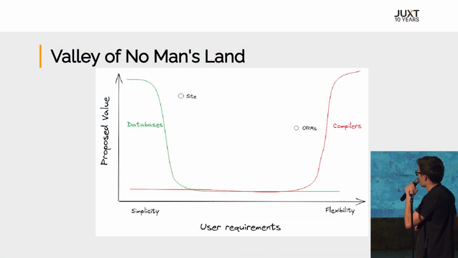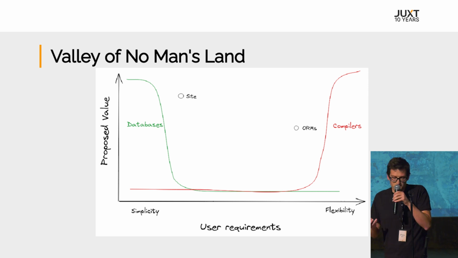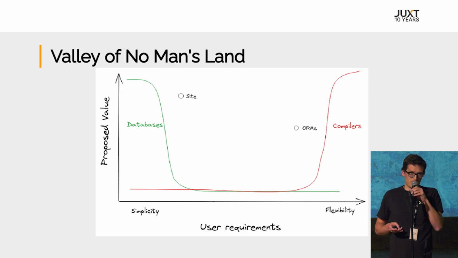You do some very complicated relationship question about your objects, and then these things often fall apart. So this is where I would put ORMs on the slide, because they sit more on the compiler side. But I guess there you see the subjectivity. I would place Site a lot higher than ORMs, but that is of course subjective.